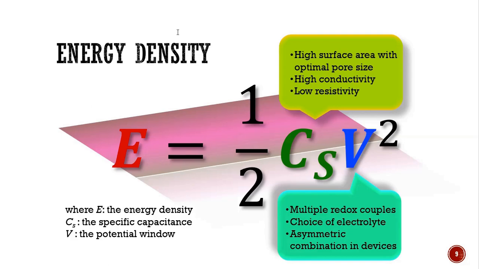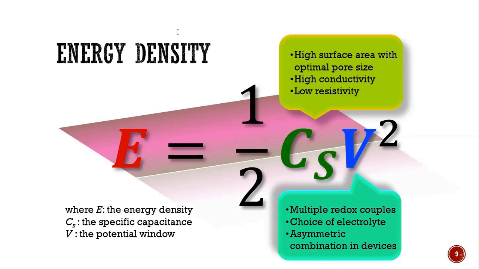So this is the energy density, how we calculate energy density in a supercapacitor. Basically there are two parameters that control the energy density in a supercapacitor. One is the capacitance of the capacitor and the other one is the operating voltage. We can increase the capacitance by increasing the surface area of our material, by increasing the conductivity of the material, or by decreasing the resistivity.